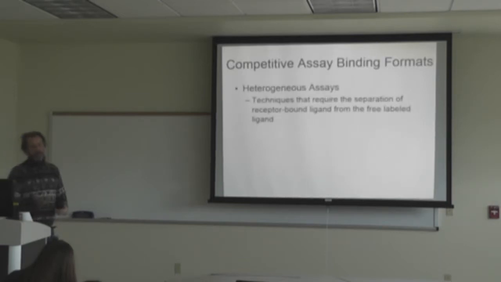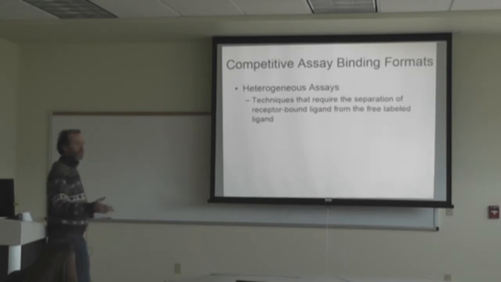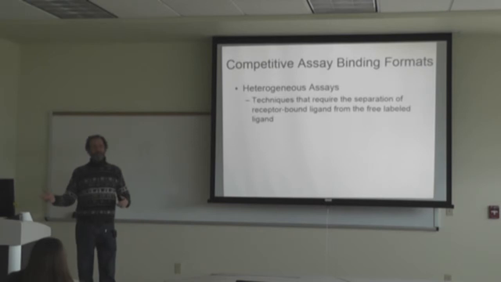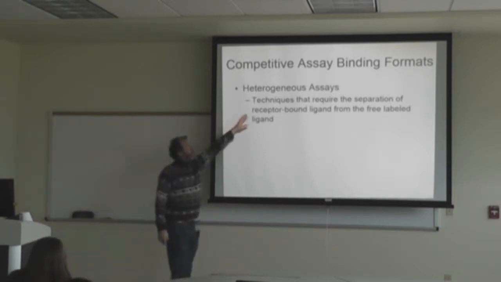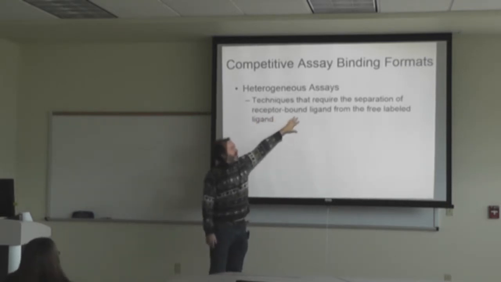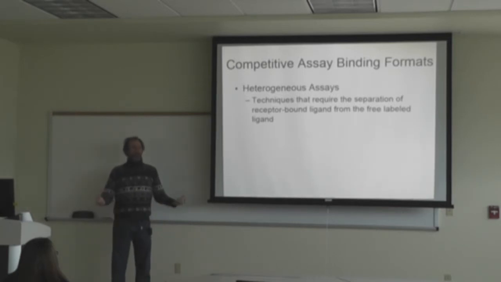So there's two different types of formats. We talked about this a little last time, right? Heterogeneous assays are probably the kind you're more familiar with, such as an ELISA, enzyme immunoassay of some sorts. So these are techniques that are going to require the separation of a receptor-bound ligand from the free labeled ligand. Okay, so that's with an ELISA.